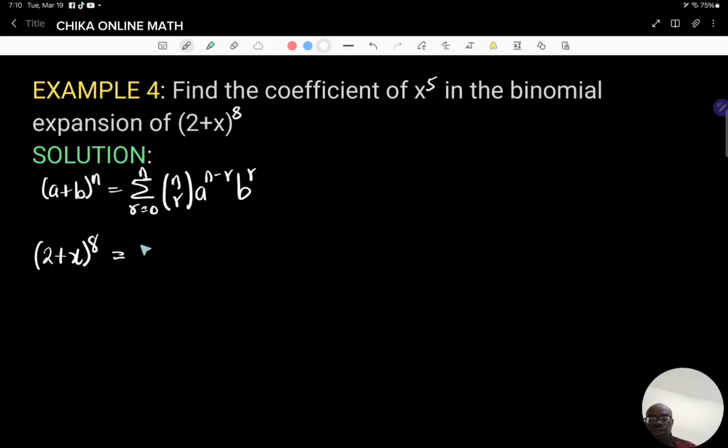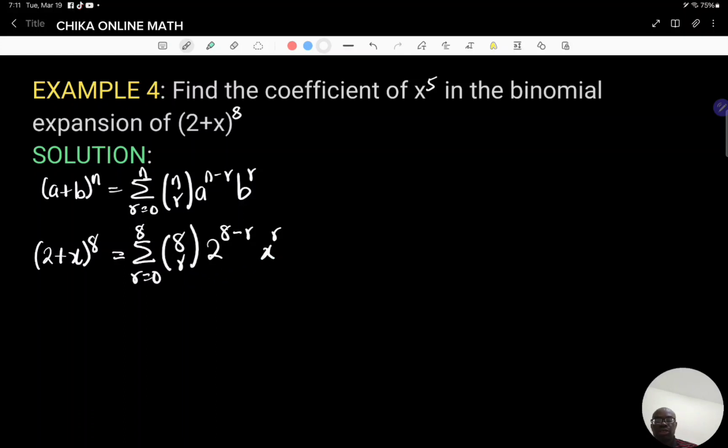So if we substitute it in this series, we have summation r equal to 0 to n, which is 8, 8 combination r, a which is 2, so 2 to the power 8 minus r, b which is x to the power r, okay? So this is the expansion formula, okay?